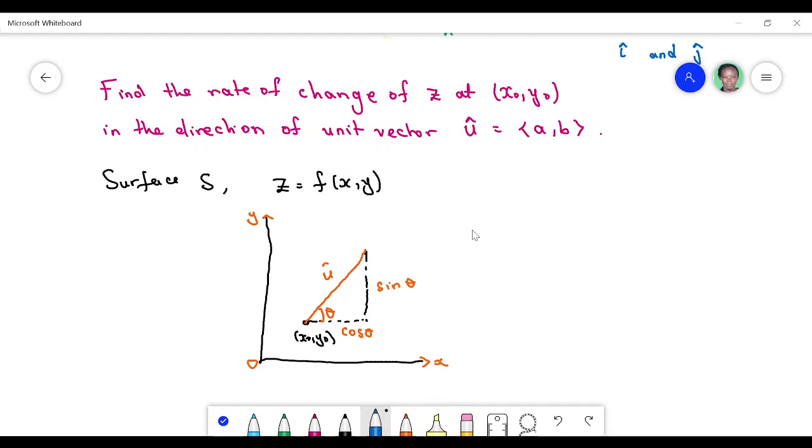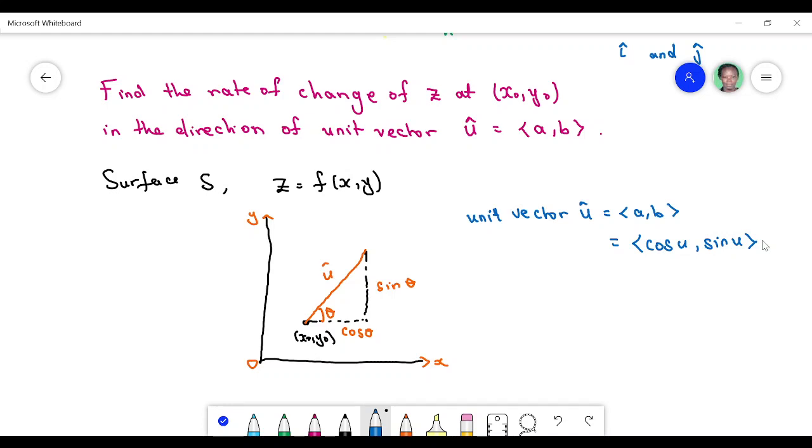So our unit vector u, which is (a, b), is going to be equal to (cos theta, sine theta).